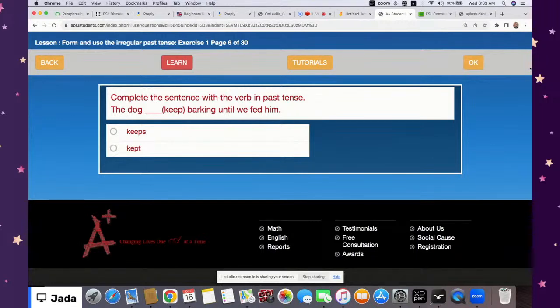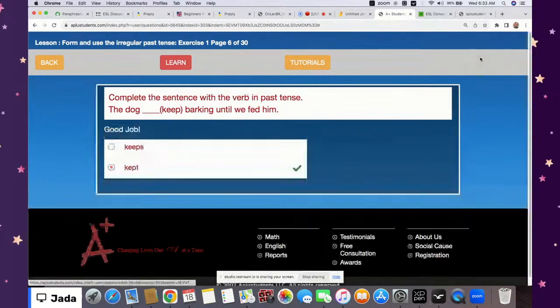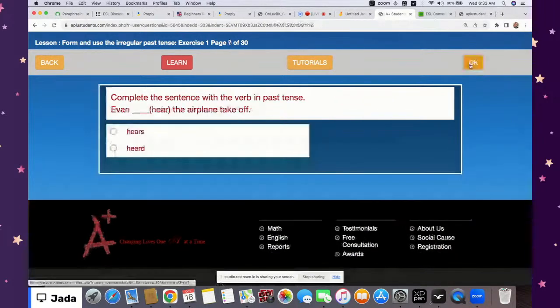Which one is your right answer? It's going to be kept. Okay. Then Even dash hear the airplane takes off. Is it going to be hear or heard? So it's going to be heard.